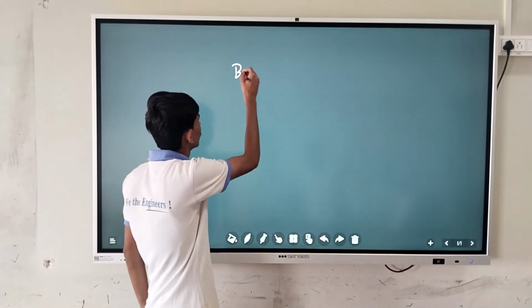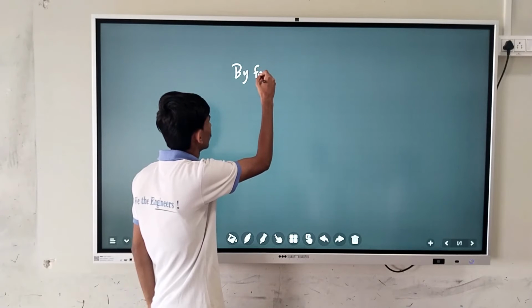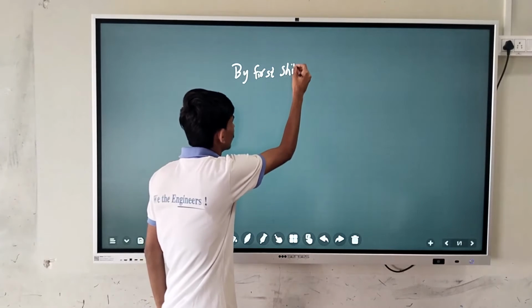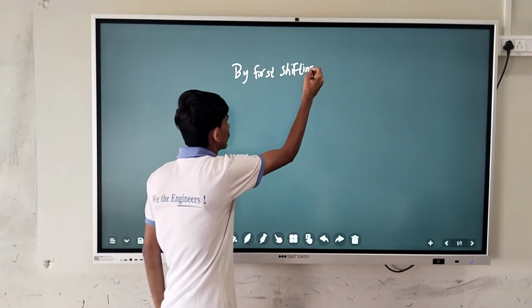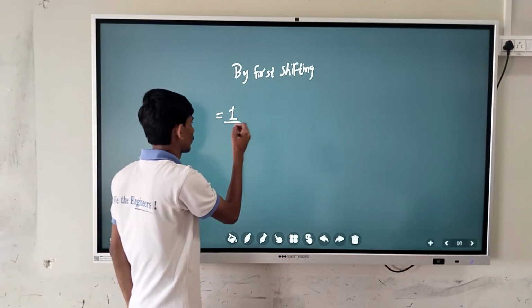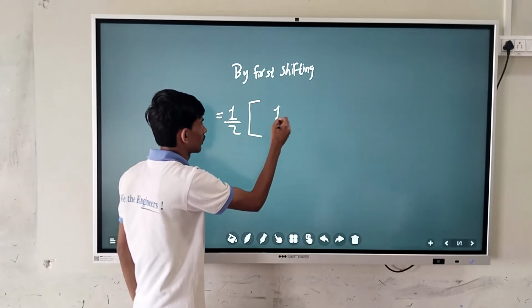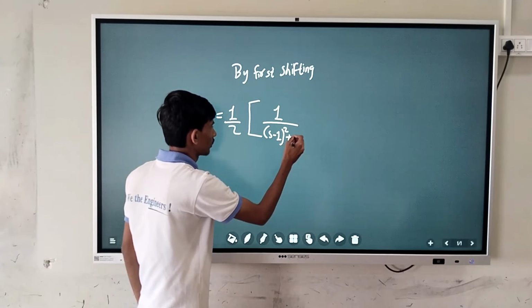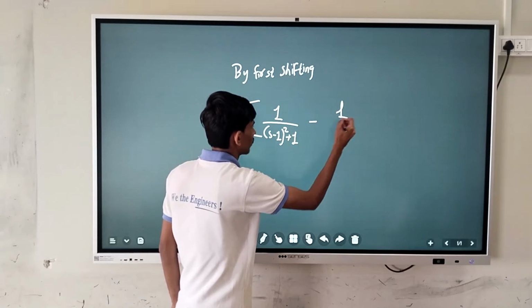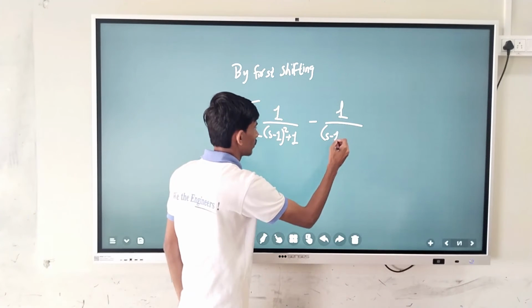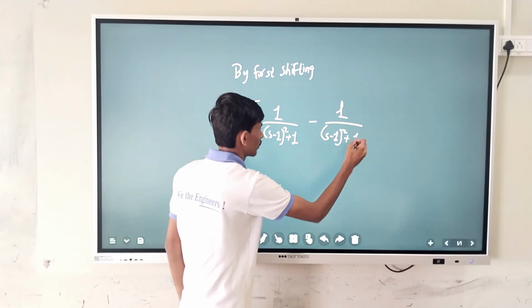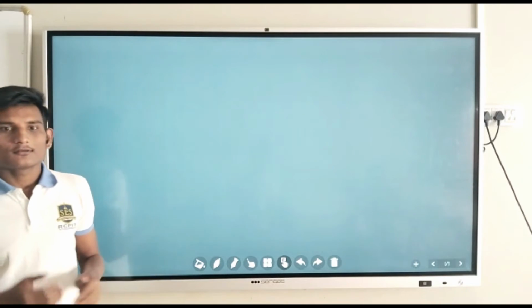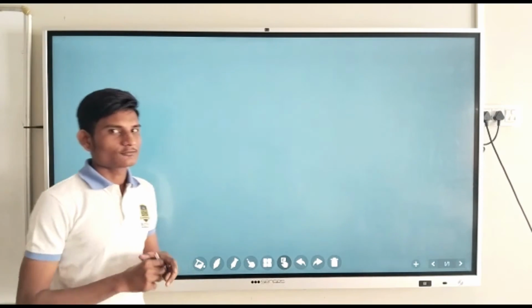Shifting property. So that's it. Now further we can solve this example by using the definition of Laplace transform.